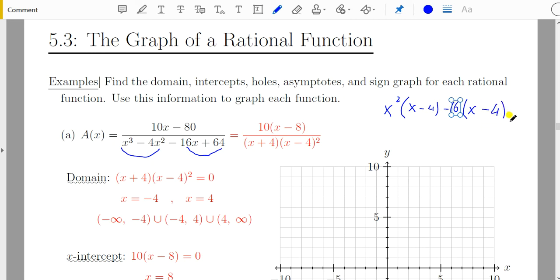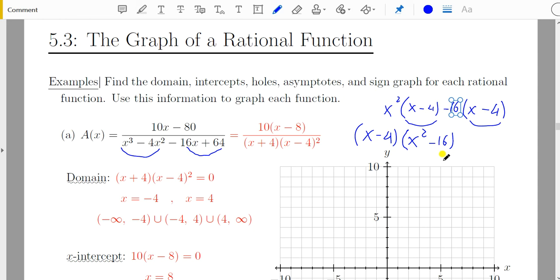And we can see that there is a common factor of x minus 4. So I can take this to the outside one more time. When I take x minus 4 to the front, I have x squared left for the first term, and minus 16 left for the second.